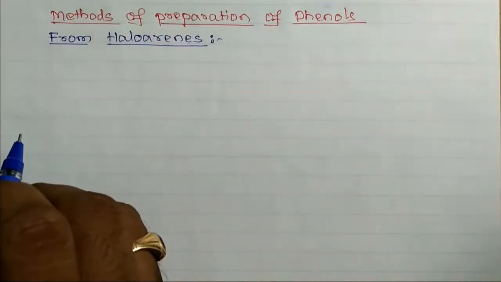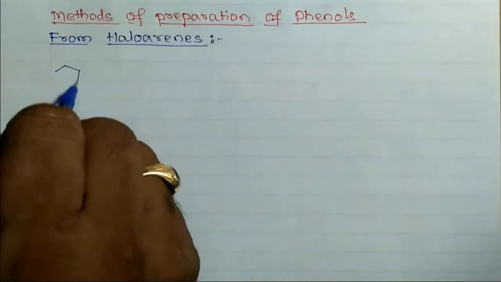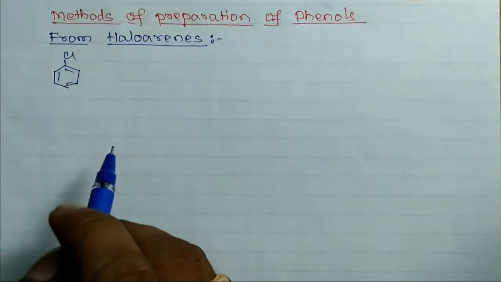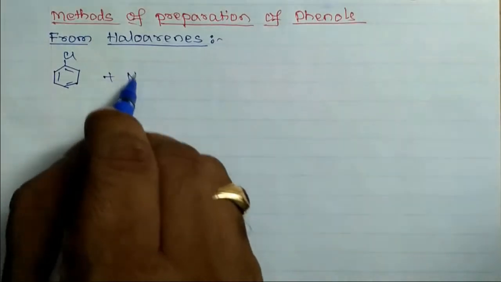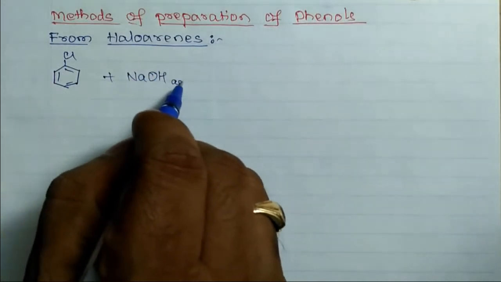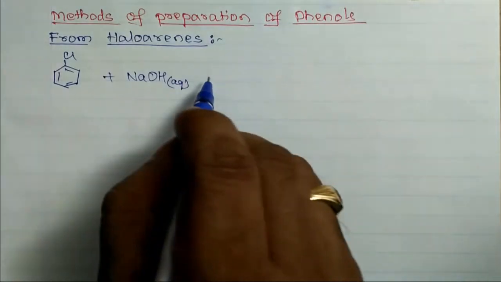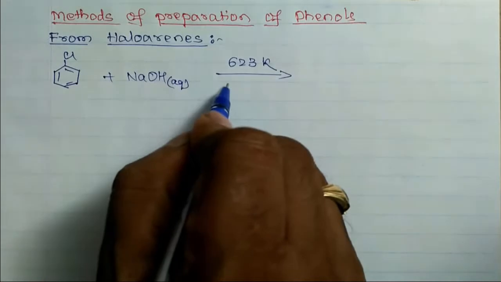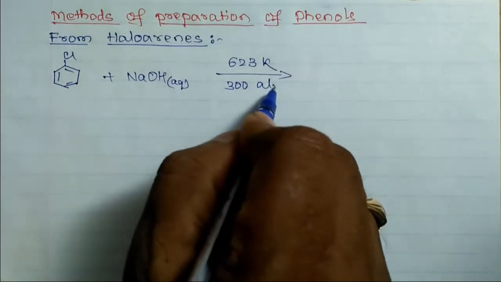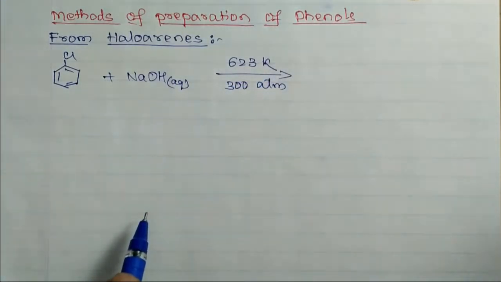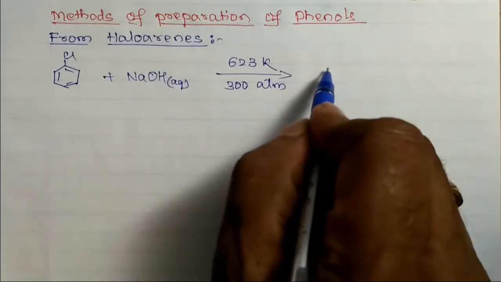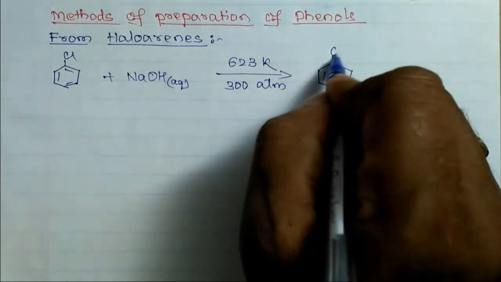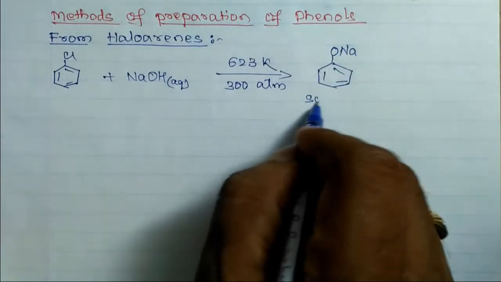When chlorobenzene is heated with aqueous sodium hydroxide at 623 Kelvin and 300 atmospheric pressure, sodium phenate, ONa, is formed.